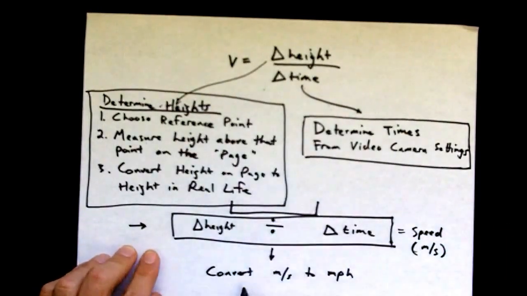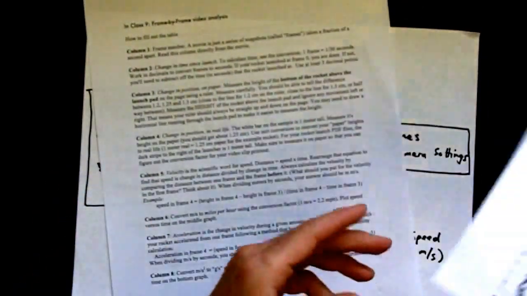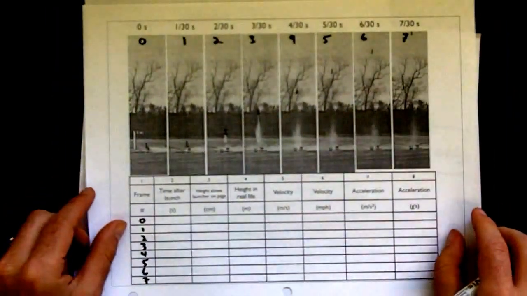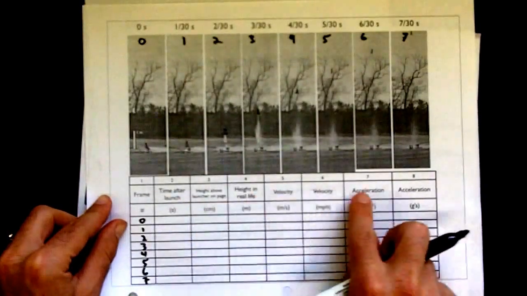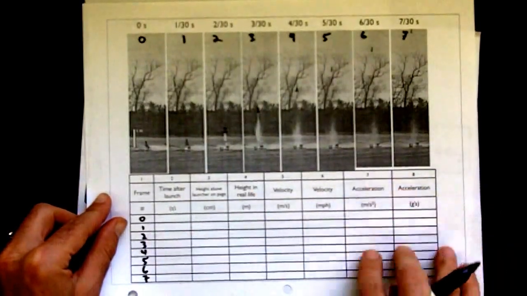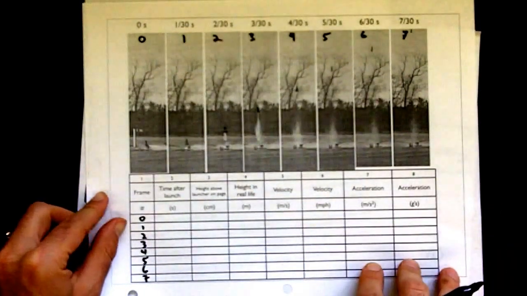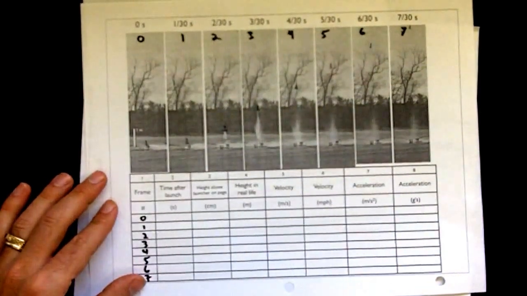Not a very familiar unit, so we'll be converting that from meters per second to miles per hour at the end. Those are the steps that we're going to follow. They're all laid out for you on this instruction sheet. And this page here walks you through column by column each one of those steps, and then of course there's acceleration that we'll get to a little bit later, not in this set of videos.